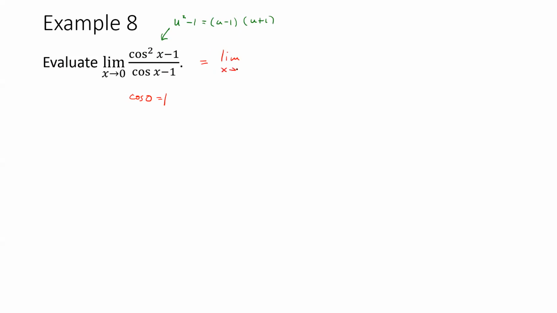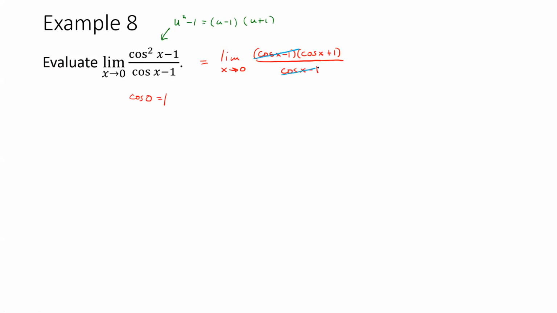So how do I factor cosine squared minus 1? It's just going to be cosine minus 1 and cosine plus 1. Very good. And now it simplifies, right?